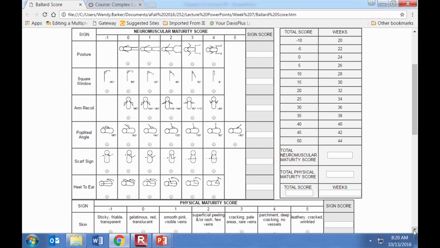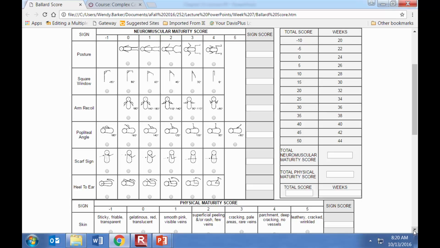With that total score, we come up here under the total score column, and we look at what number our score is closest to, okay? So maybe we had a score of 34. So it would be closer to this score, 35. Maybe we had a score of 38. It would be closer to this score, 40, okay?